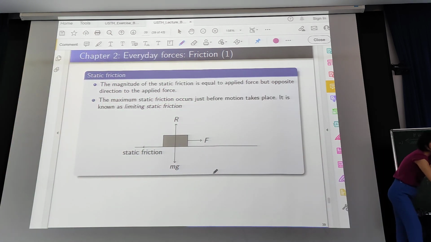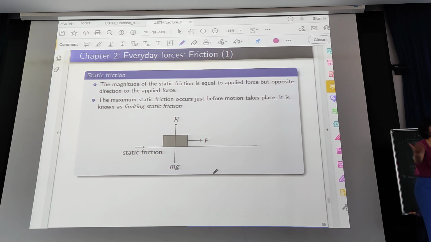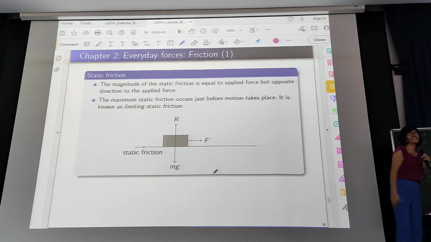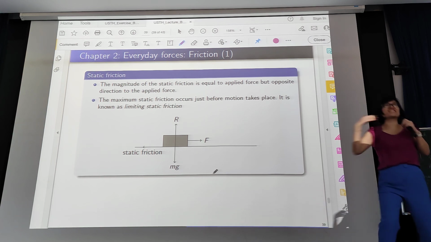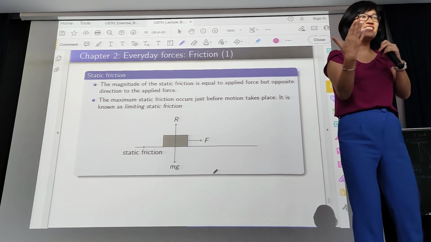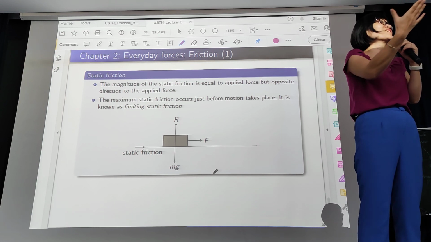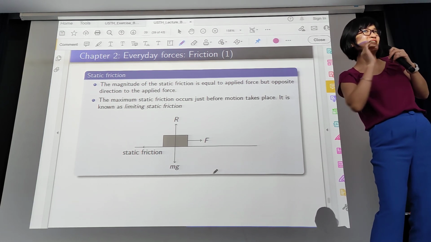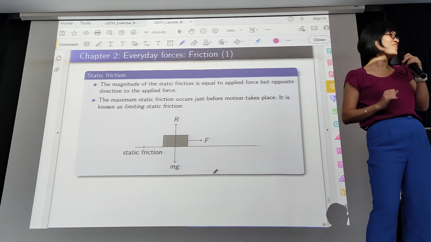Like the table is at rest, its weight balanced by the normal contact force. Now I push it, it's still at rest. I'm pushing, it's still at rest because static friction appears to balance the force of my pushing. Okay?